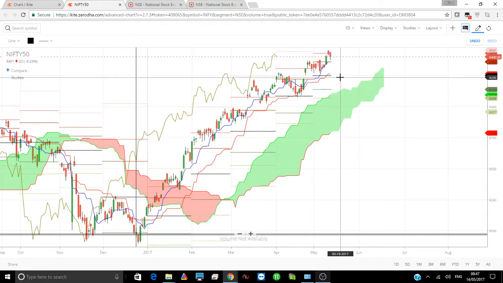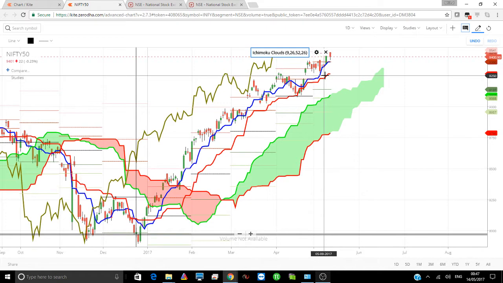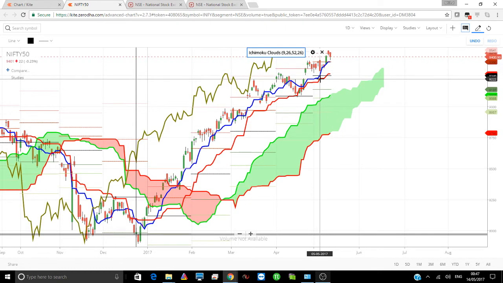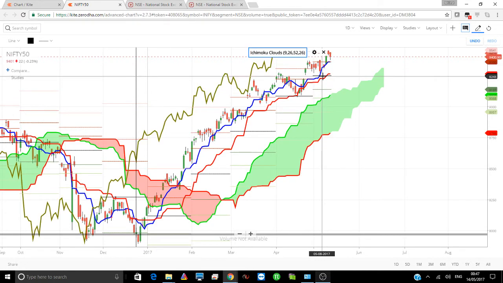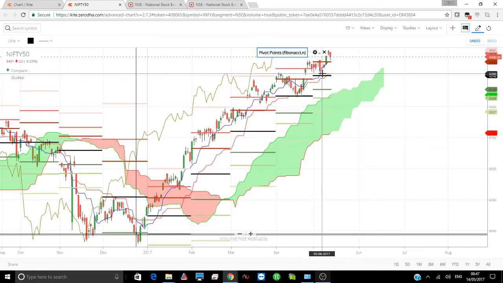It should come down to the daily PP line. Usually my observation in these cases, it usually comes down to the daily PP line, which is at around 92.50. So my immediate next target for Nifty might be 92.50 on the downside. Of course, upside there is no target. It can keep on going up.